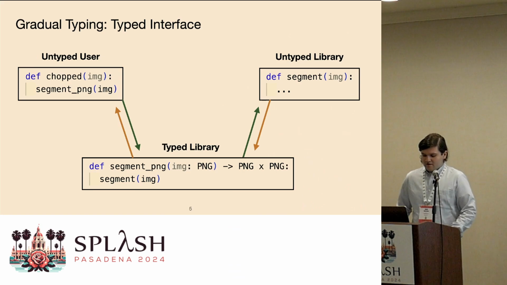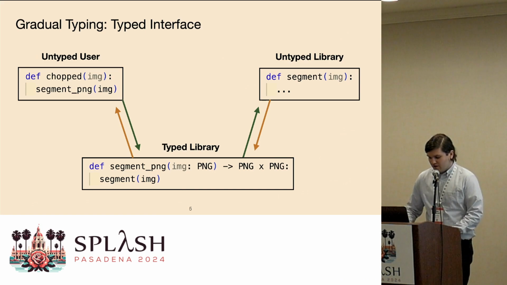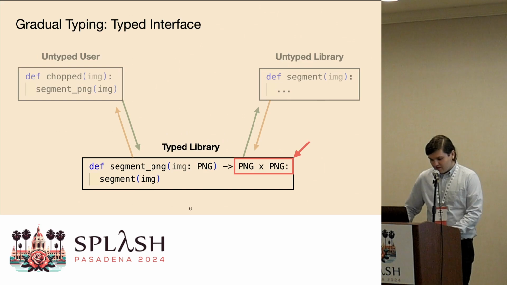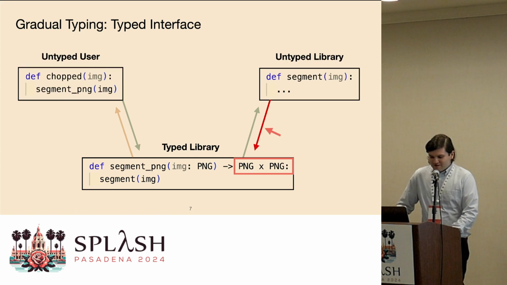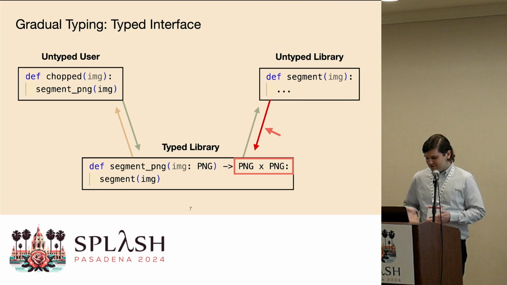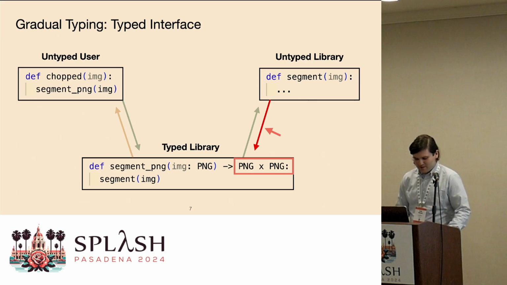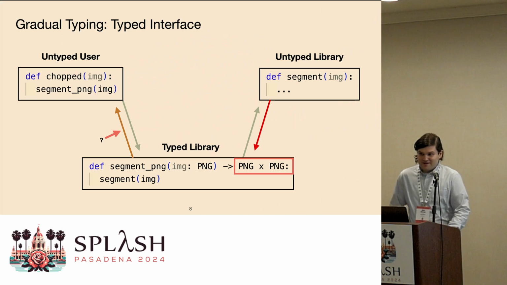And then that value flows back to the untyped user, and the untyped user expects this to do exactly what the type tells them, which is return some kind of pair of PNGs. Now the problem is, what if this untyped library is buggy and sometimes doesn't return PNGs, but maybe returns JPEGs in some cases? So the question is, what does the user actually see now?